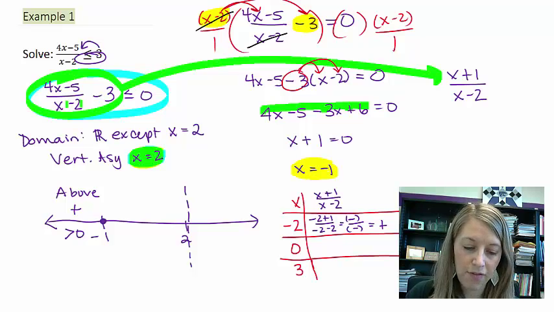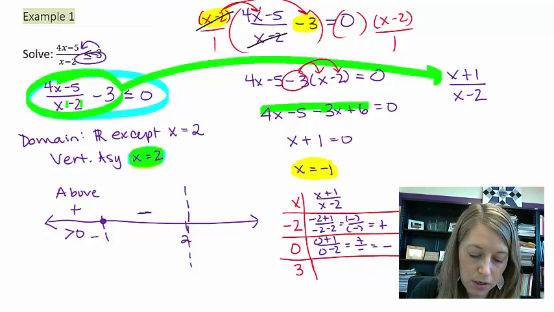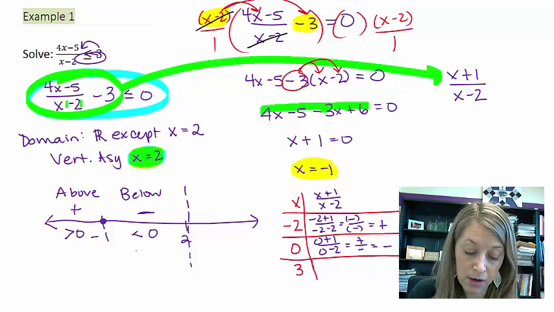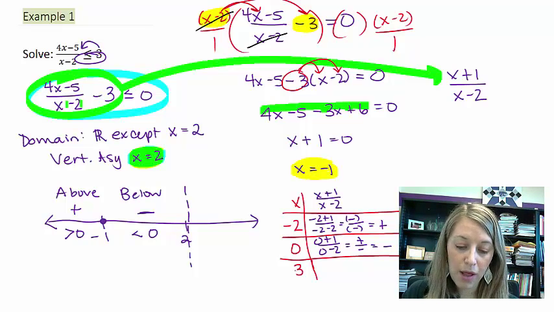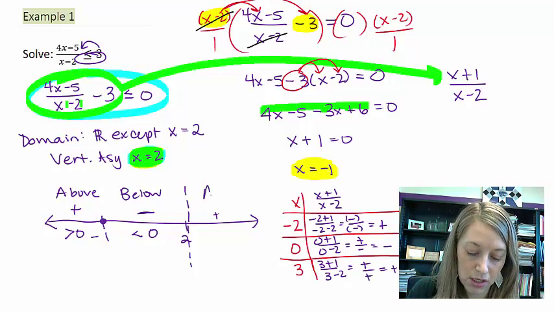Okay, in the middle, if I plug in 0, 0 plus 1 over 0 minus 2 gives me positive over negative, which gives me negative. So this one here is negative, or below, or less than 0. When I plug in 3, I get 3 plus 1 over 3 minus 2, which is positive over positive, which gives us positive, which is above.